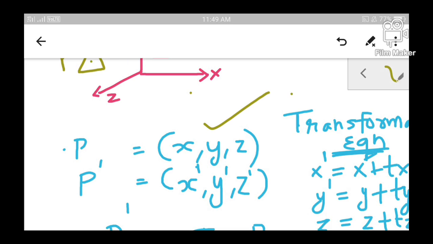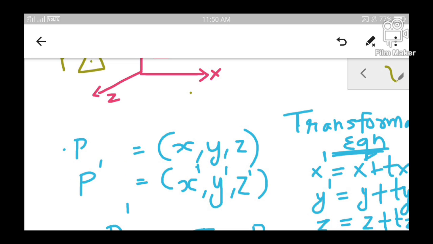Similarly, in a three-dimensional space, every single point will be represented by three coordinate values x, y and z. Clear? So P will be represented by x, y and z. Similarly, P dash will be represented by x dash, y dash and z dash.